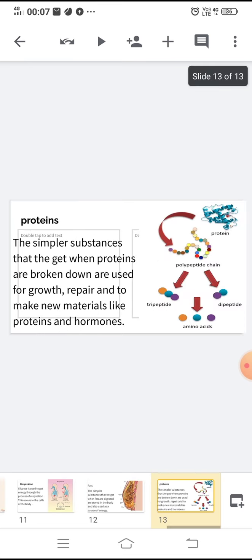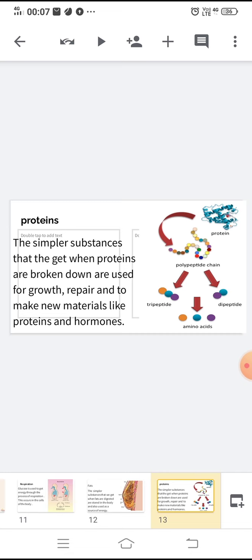Then proteins. The simplest substances that we get when proteins are broken down are used for growth, repair and to make new materials like proteins and hormones. Here, protein is important for our growth.